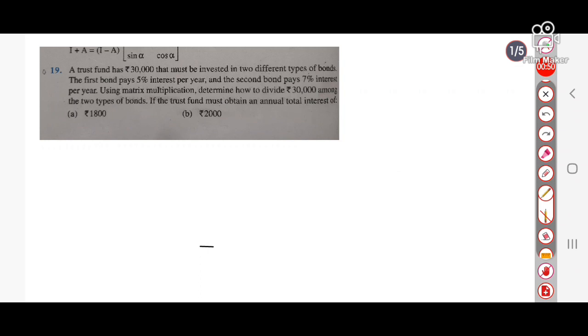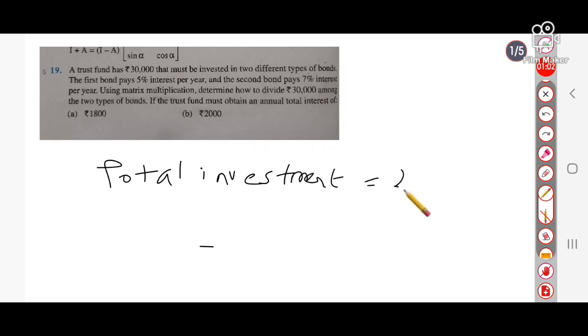So first, what is given is the total investment is rupees 30,000 and there are two types of bonds.